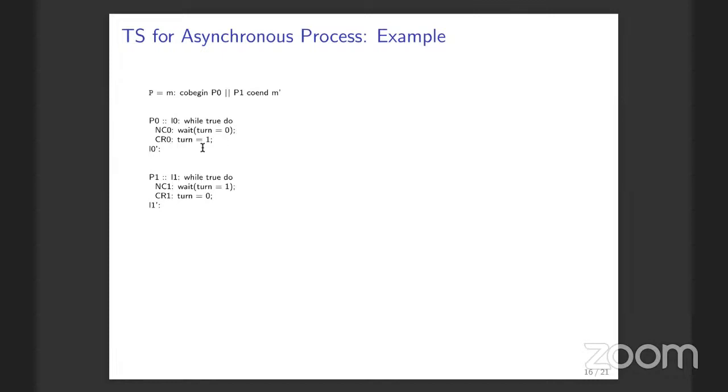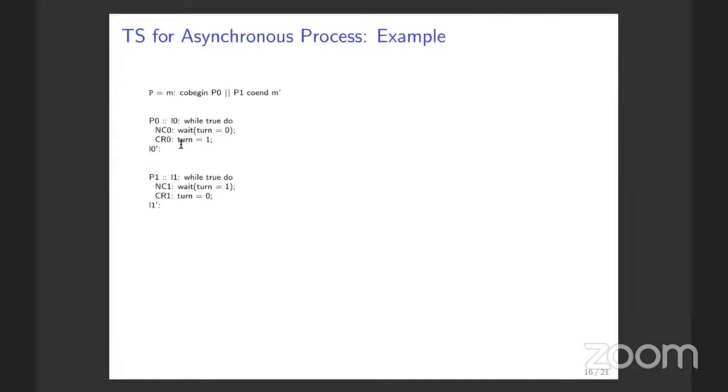The way I'm doing it is by using a turn variable, which is a shared variable, a semaphore. I make process 0 wait until turn is equal to 0, and the other process waits until turn is equal to 1.